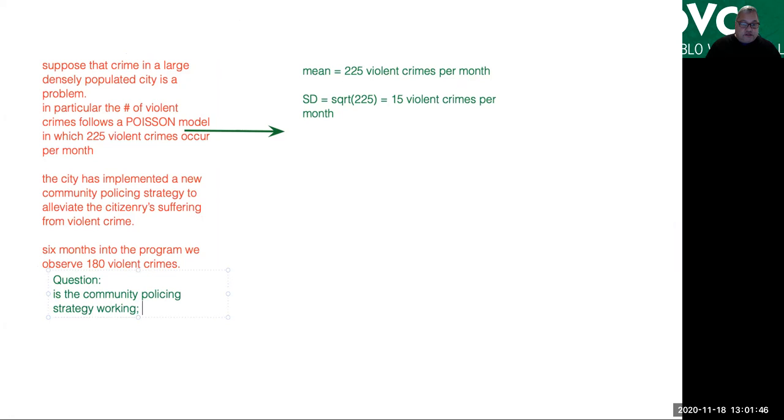And to answer the question, calculate the probability that 180 or fewer violent crimes are observed in this city.